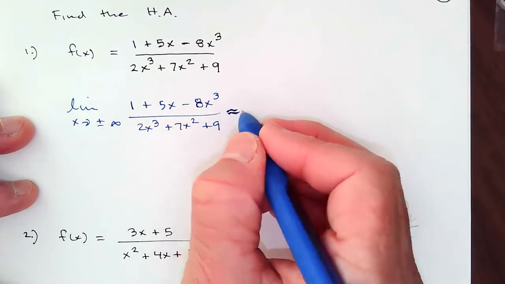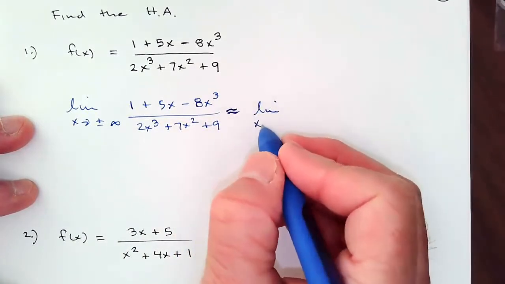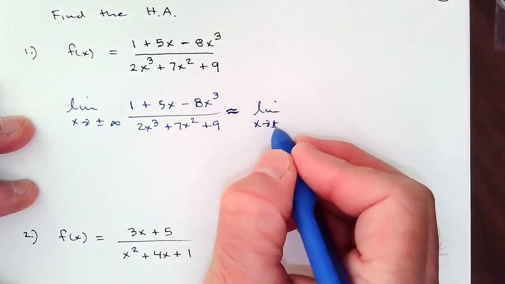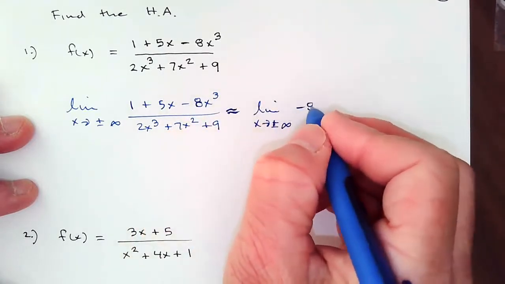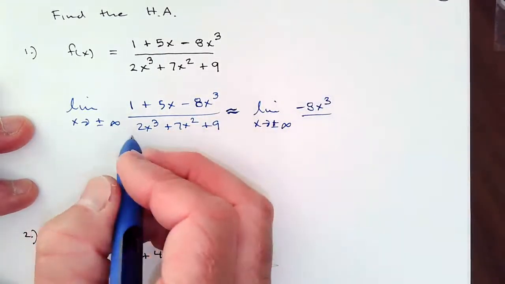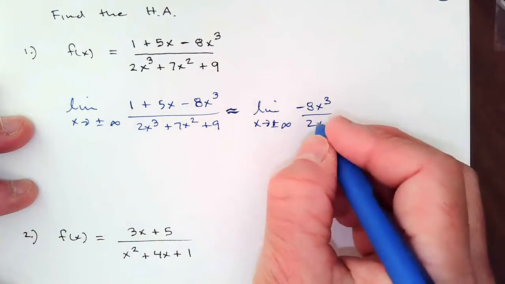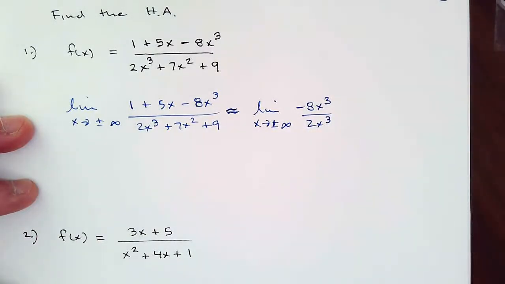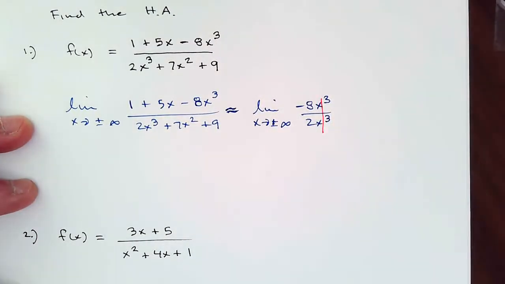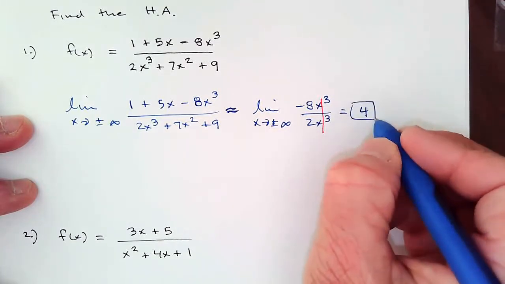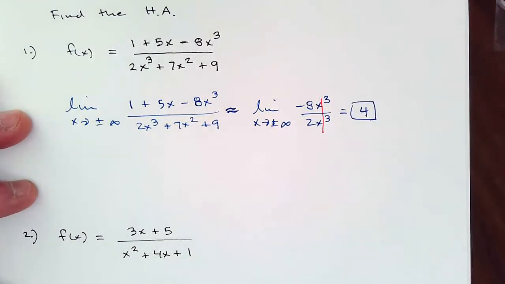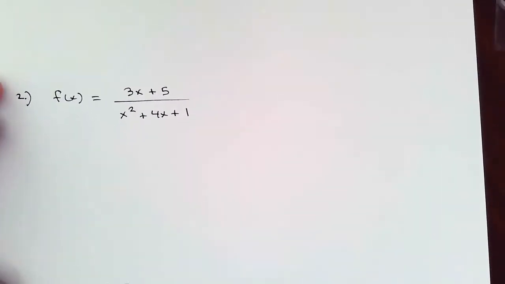So this is going to be approximately equal to the limit as x goes to plus or minus infinity. Notice my biggest term here is negative 8x cubed. My biggest term on the bottom is 2x cubed. And the x cubes will cancel out, and I get an answer. Negative 8 over 2 gives me positive 4 as my limit. It can be that easy. The largest power of x in the top and the bottom controls the limit.